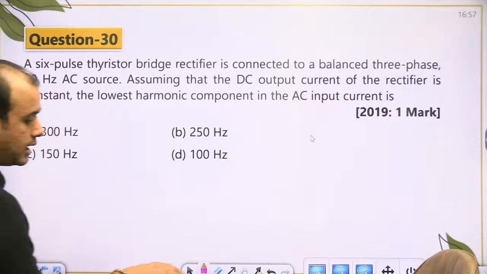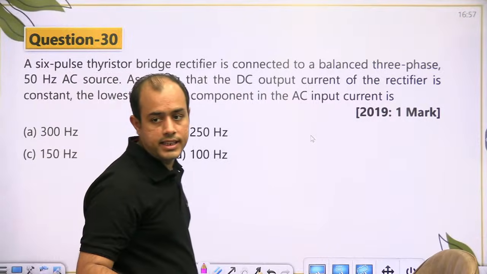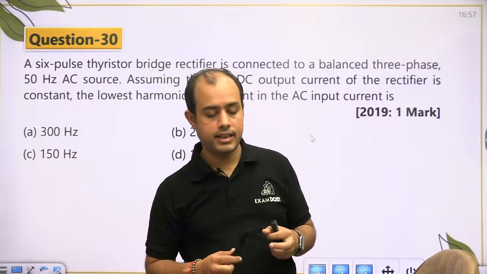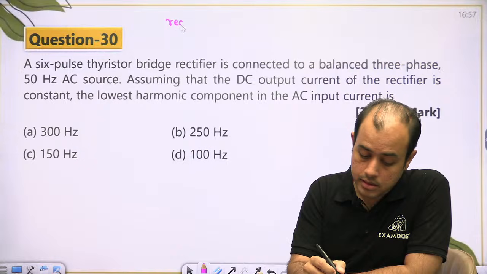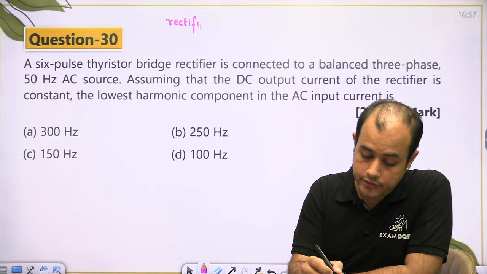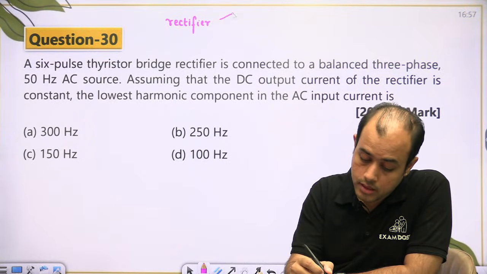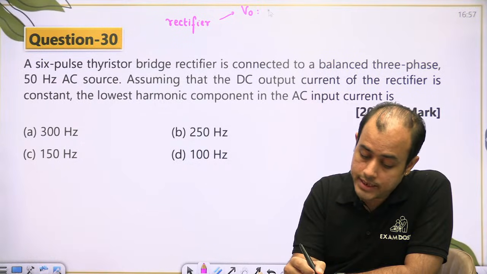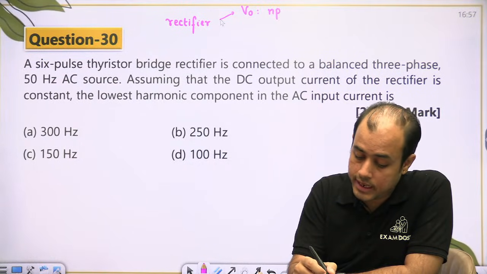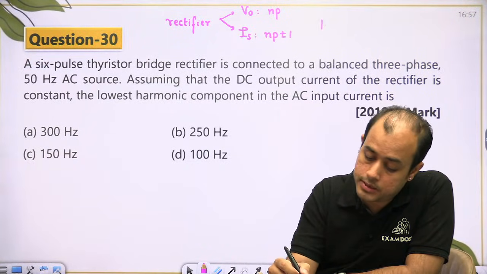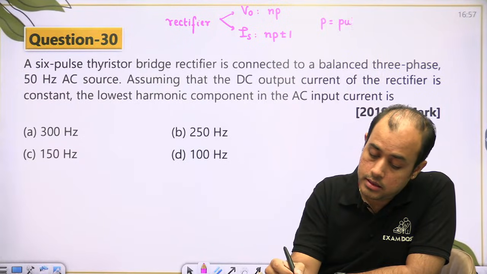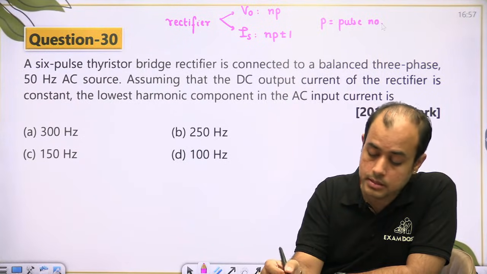Lowest harmonic component in the AC input current. ठीक है. तो remember बेटा, in a rectifier, output side harmonic has the order NP. Input side current has the harmonic of order NP plus minus 1, where P is the pulse number.